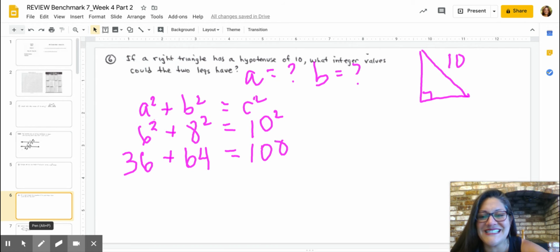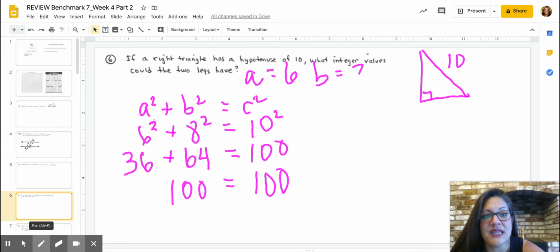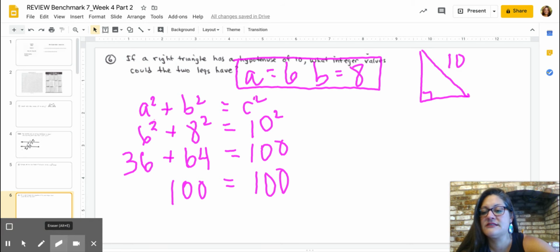And yes, we just said that that does equal 100. So that lets us know a equals 6 and b equals 8. So when it says what integer values, what numbers are they? It's number 6.